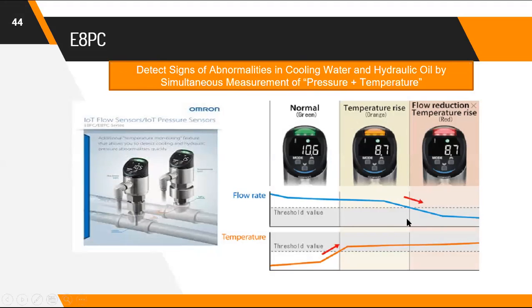See here, the normal level is 10.6. If the temperature goes off, it will give you a signal. It has turned from green to orange. The temperature has reduced, and if the flow of the oil or the water goes down further, it will give you a red signal. This is how the E8PC sensor works. I think you got an idea, right?